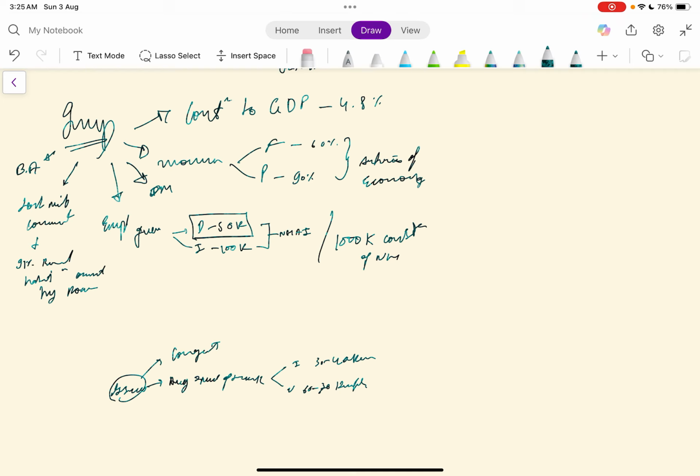Another issue of road transport is low road density.